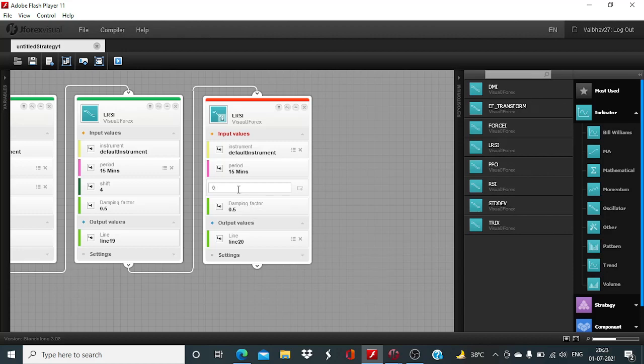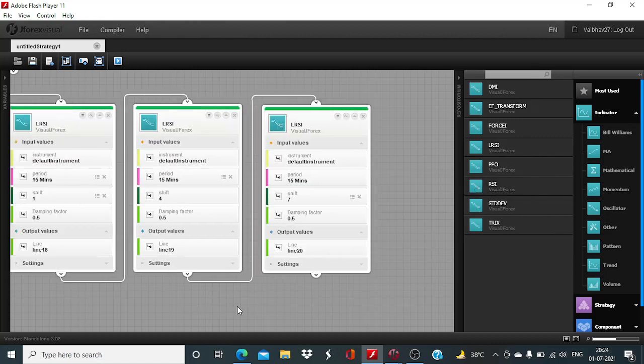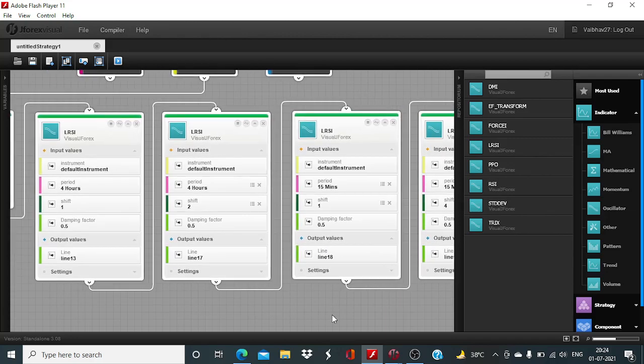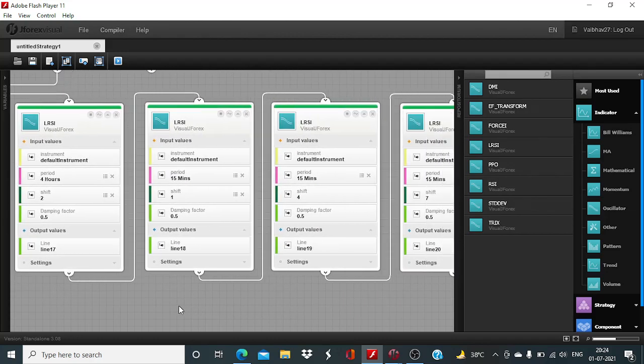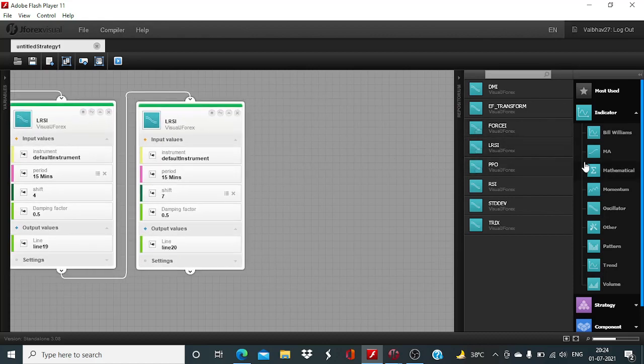Shift value is going to be 7. Okay, so we have got these 5 LRSI blocks.